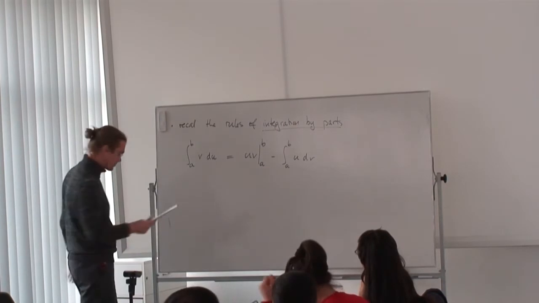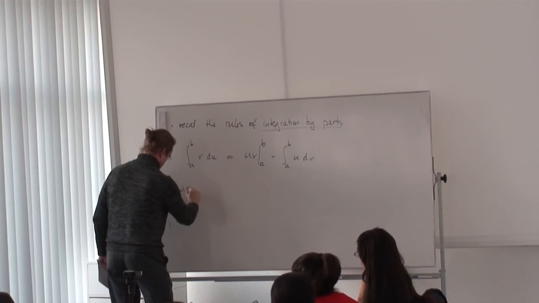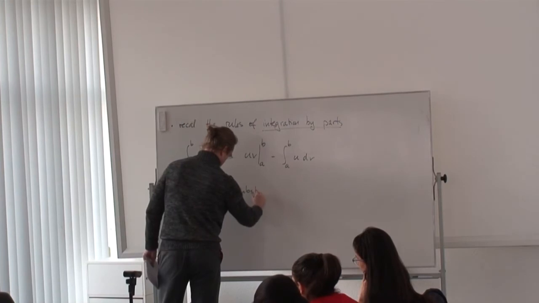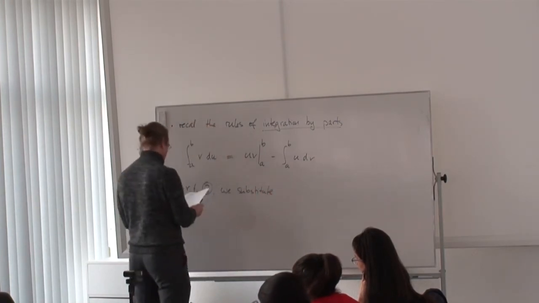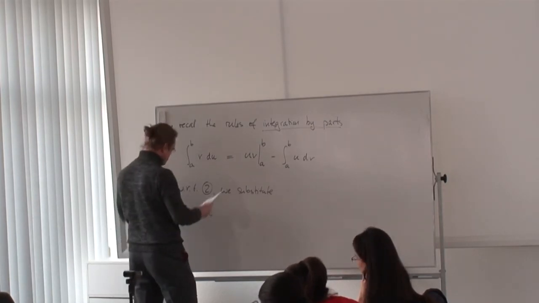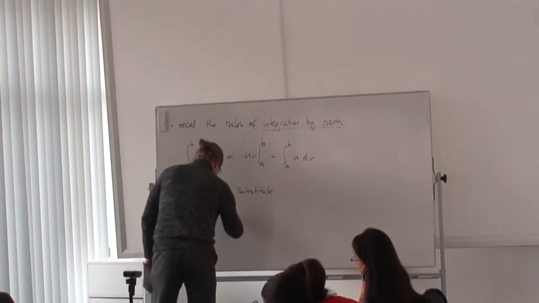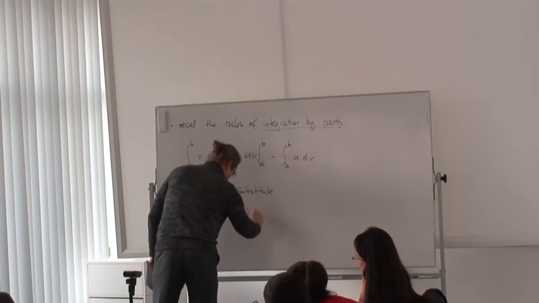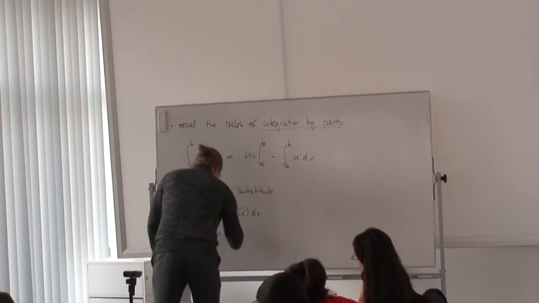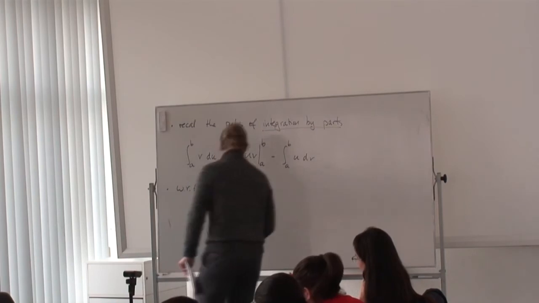With respect to our problem, that is with respect to equation 2, we substitute. Basically we say that du, it's just a definition, is supposed to be equal to f prime of x dx, and we say that v is supposed to be given by e to the minus i omega x.